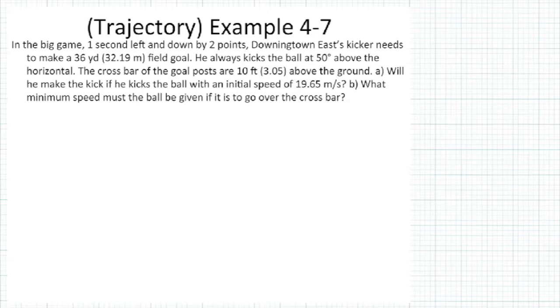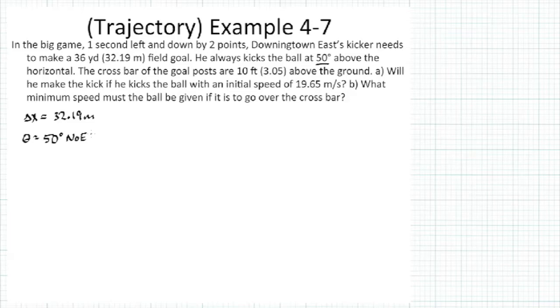Well, our x displacement, delta x, is 36 yards, which is really 32.19 meters. That's how far away the field goal is, and he always kicks it at 50 degrees above the horizontal, so our angle theta is going to be 50 degrees. You can write north of east if you want, but that doesn't really matter.